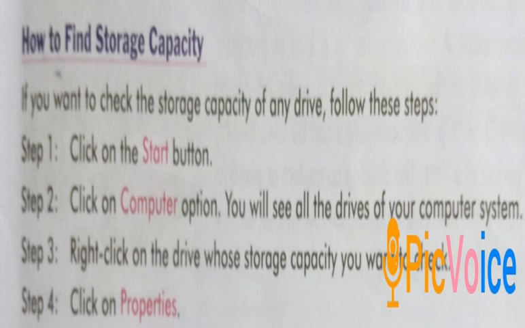Then you will see all the drives of your computer system. Then step 3, right click on the drive whose storage capacity you want to check. And step 4 is click on properties.